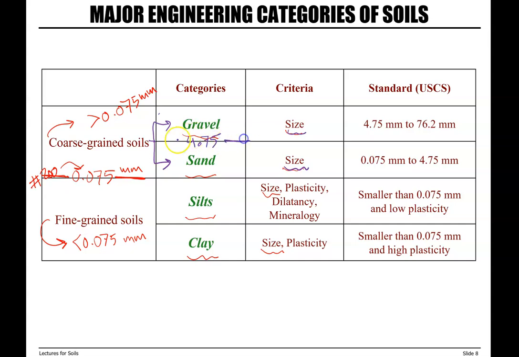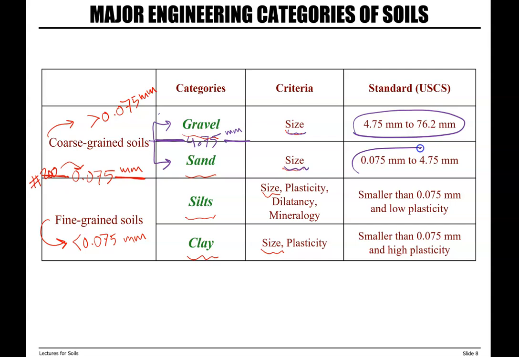The line between gravel and sand is 4.75 millimeters. So gravel is particles larger than 4.75 millimeters, but smaller than 76.2 millimeters.